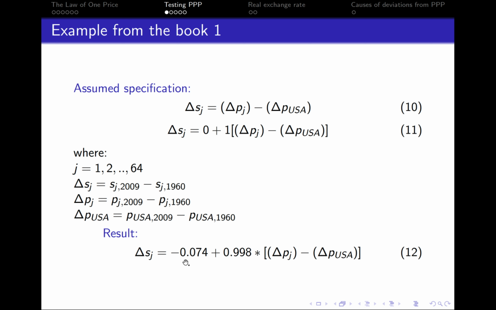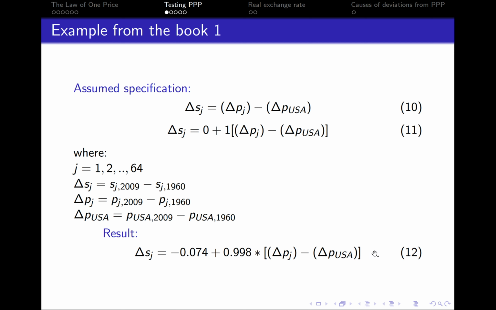I didn't put the standard errors here, but let me just say that here we've got a number that is negative, very close to 0, and it's characterized by a relatively big standard error. So it's indistinguishable from 0. Here on the other hand, what we see is 0.998, and if I remember correctly, the standard error here is 0.012, which is an amazing result.